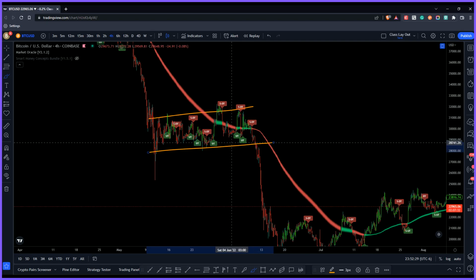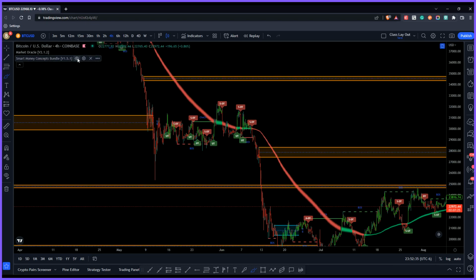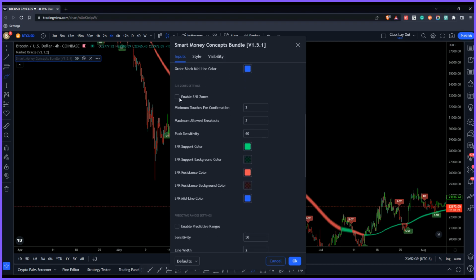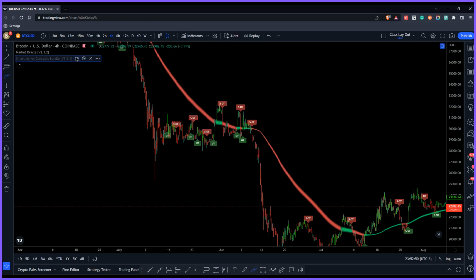A quick tip for you guys, just let me get out of my way just to show you, is that if I go over my smart money concept, let me just clear up for you guys. So we'll take a look at this in the future, so don't worry. And only take a look at my predictive ranges at this point and click OK. Remember, I'm not changing anything in here. Just clicking OK and then turning it on.